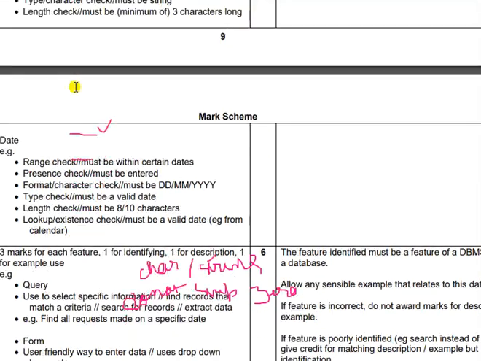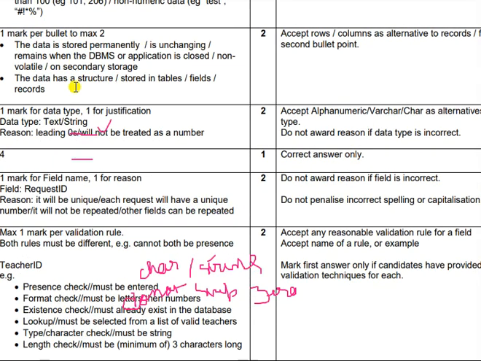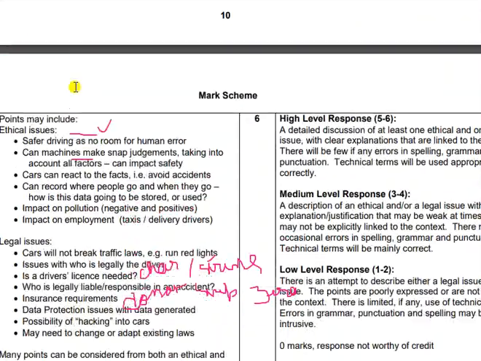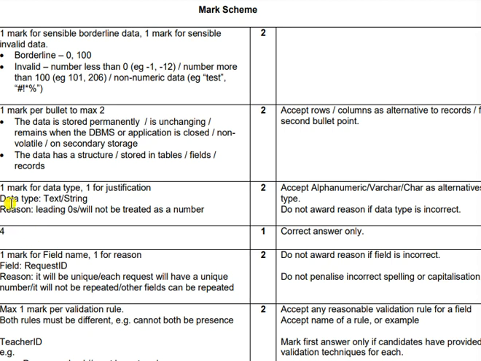So in the answer key, it is given that the data type is the text or the string, and the reason is that the leading zeros will not be treated as a number, and therefore they will be maintained in the database.